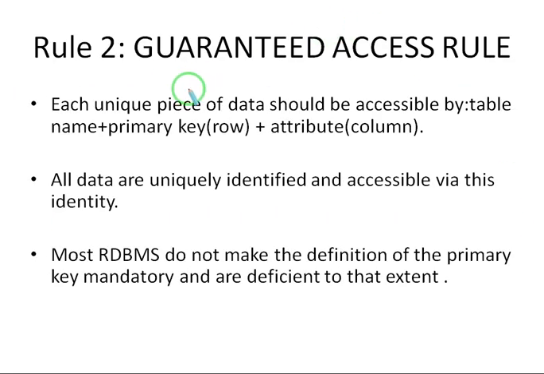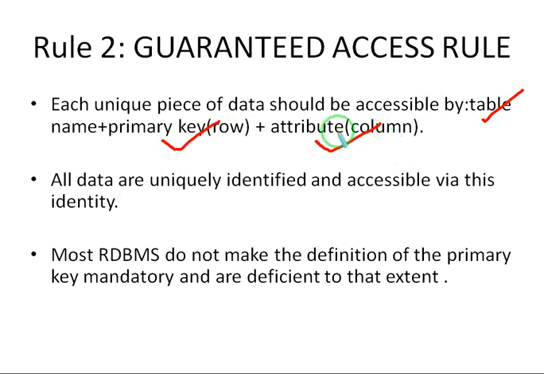Now rule number 2, the guaranteed access rule. Dear student, this guaranteed access rule says how we access the data from the relational model. See here, each unique piece of data should be accessible by table name, primary key and attribute. To access the data, we use table name, primary key and the attribute name.